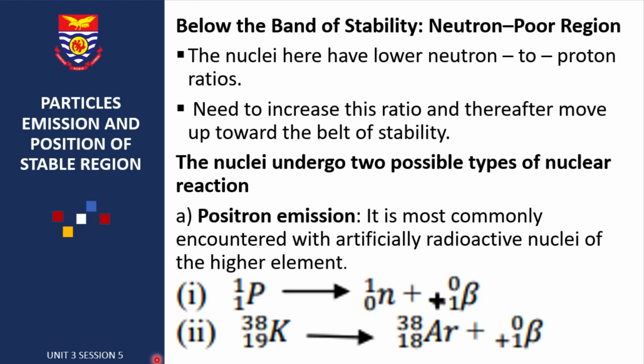An example is illustrated here where a proton is converted to a neutron and a positron is emitted. The second example is potassium with atomic number of 19, which is converted to argon with atomic number of 18. One of the protons has been converted to a neutron in the argon and a positron is emitted.